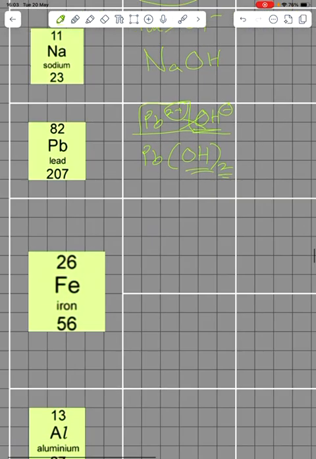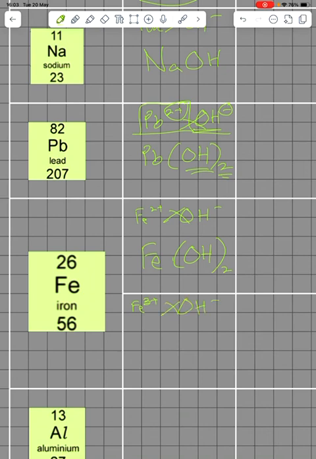Iron is something different. For iron, we have iron 2, Fe2 plus, or iron 3 plus, because iron is a transition metal. When you react with OH negative and crisscross, you get Fe bracket OH, don't forget the bracket, with 2 at the bottom for iron 2, and with OH negative 1.